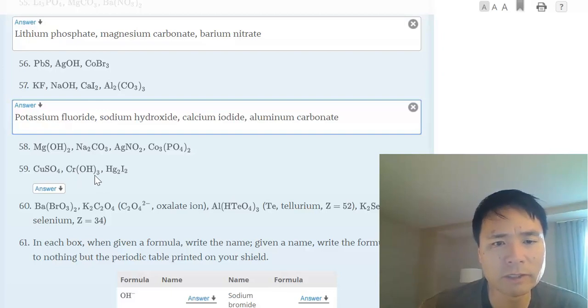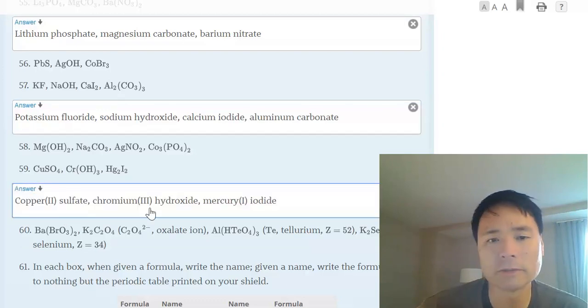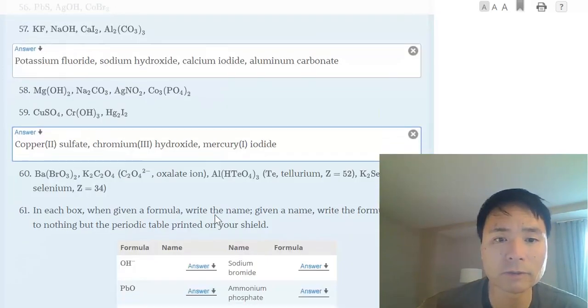This is chromium in the 3 because hydroxide's a 1-, and you got 3 of those. So 3 minus is negative 3 charge. So chromium(III) hydroxide. Mercury, we have 2. It's a 1, 2. This is going to be Hg2 2+, which is actually called mercury(I). So this is mercury(I) iodide here. And so we got those.